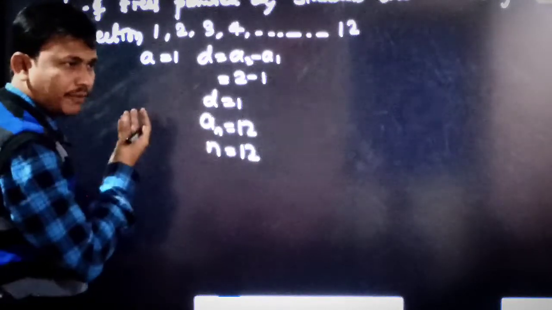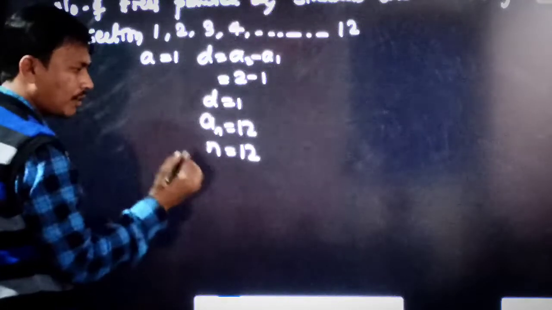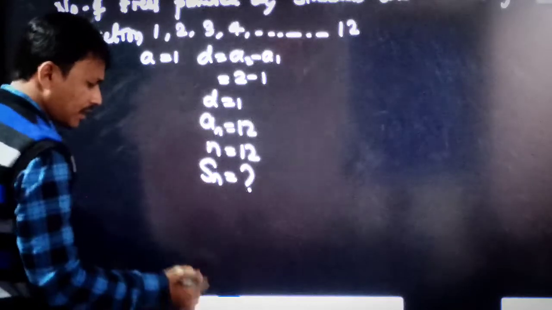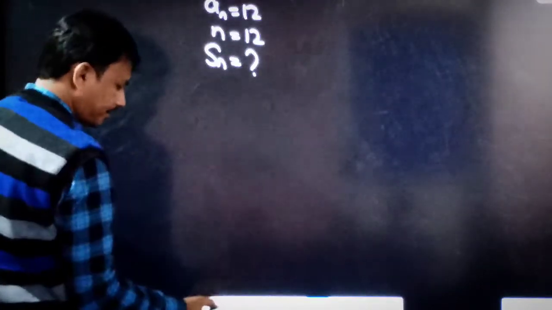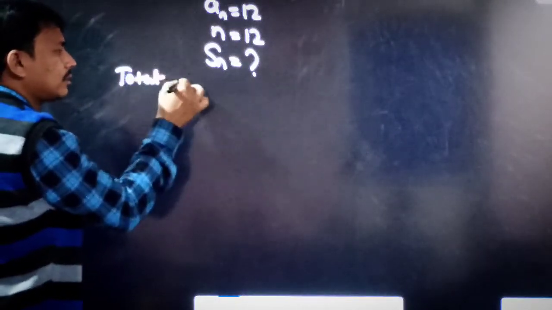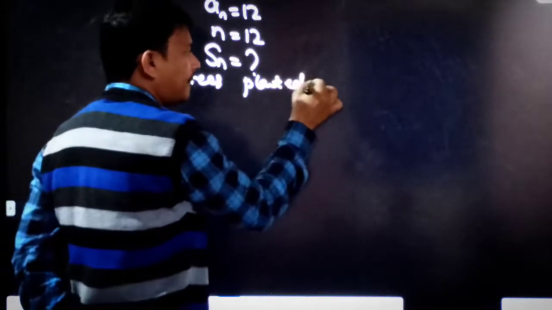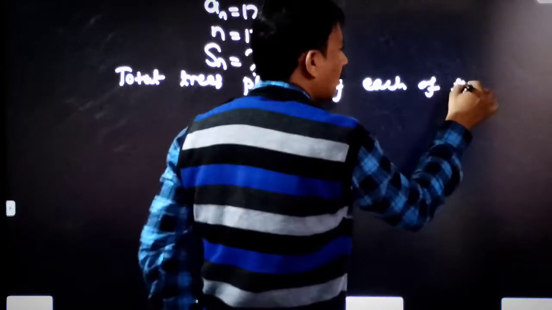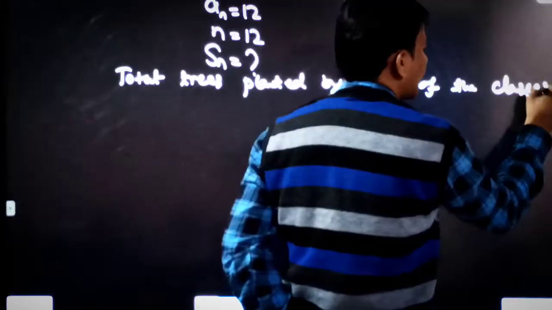an is equal to 12, n is equal to 12 only. Number of classes, that means 12 classes. an is also 12. What we need to find out? Sn is equal to question mark, the sum of trees, total trees planted by each of the classes.